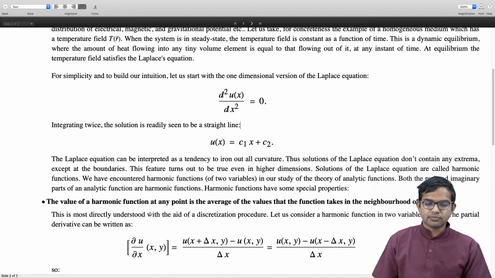So the partial derivative is really u of x plus delta x comma y minus u of x comma y, the whole thing divided by delta x, in the limit of delta x becoming arbitrarily small, right? If you're doing a numerical way of computing this, then you will make delta x small, but it's not going to go to 0, right? You can make it very small, but in practice it's going to be finite.